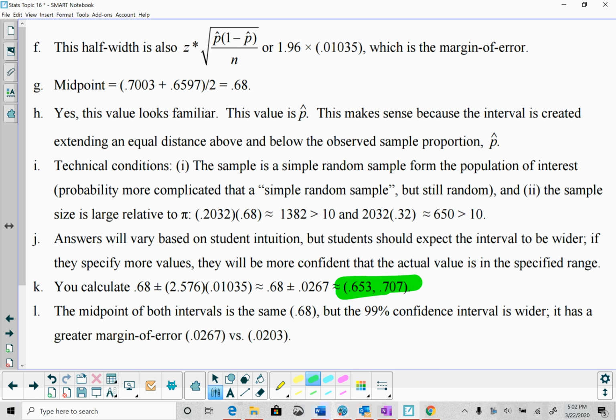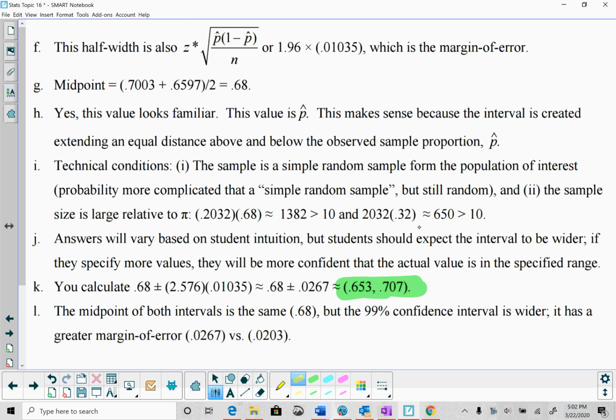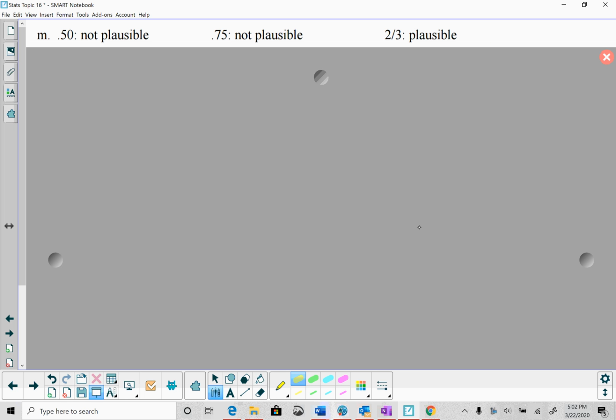So this is the 99% confidence interval. This is our 95% confidence interval. Can we say that the actual proportion, the value for pi, is 1/2? No, it's not in that interval. And it's not in the wider one either, 0.5. No, it's outside that. So we should not say that 0.5 is plausible.